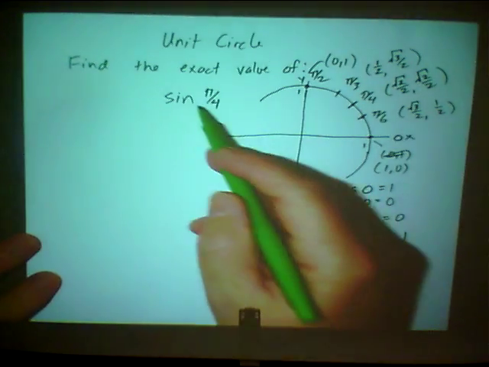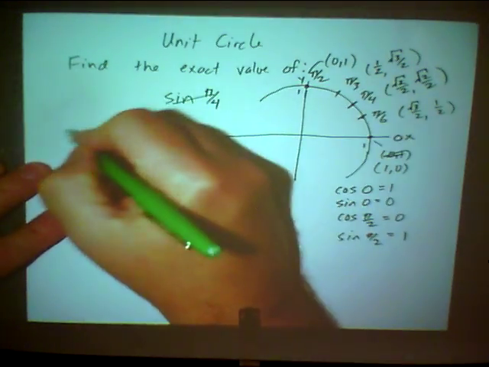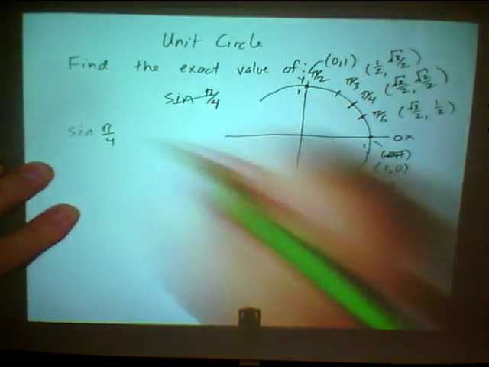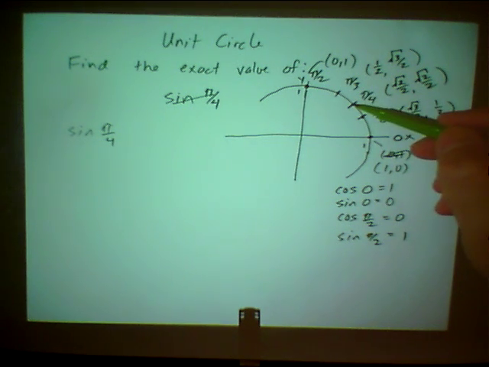So now back to my original problem. Let me write it here. I'm asked, what is the sine of pi over 4? What I do in my head is I go on my unit circle and find out where pi over 4 is. Pi over 4 is that point right here in the middle of this first quadrant.